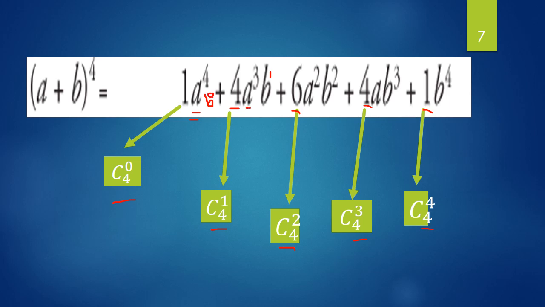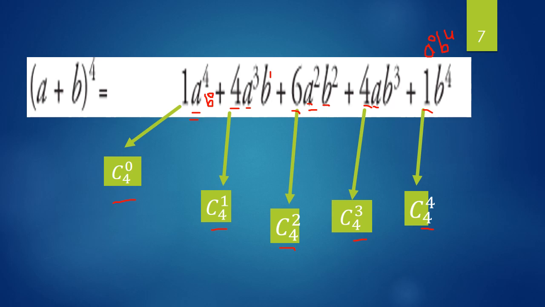Here a^3 becomes a^2 while the power of b increases to b^2. Then a^2 loses 1 from its power to become a^1, while b^2 becomes b^3, and finally we have a^0 and b^4.